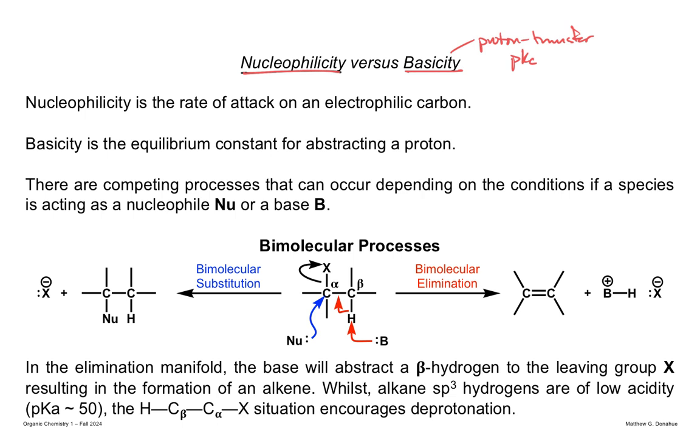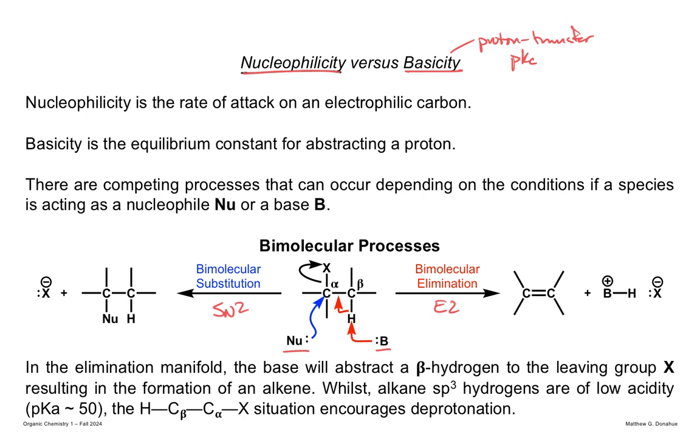For the purposes of this module, we're going to be looking at these things as bases that will do eliminations. So in terms of what we see here in blue, that's SN2. And then over in red, this is the new one, E2. And I've written them as Nu with a lone pair or B with a lone pair, so nucleophile or base.